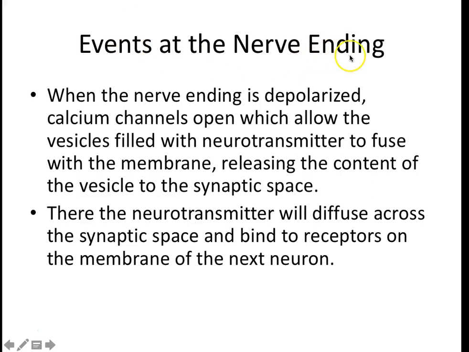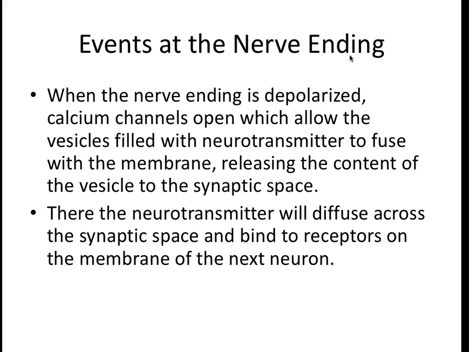So these are the events that happen at the nerve ending where the vesicles containing neurotransmitter like acetylcholine or norepinephrine or serotonin or dopamine, all of those are neurotransmitters that diffuse across the synapse to bind to receptors on the next neuron to start, hopefully, another action potential.